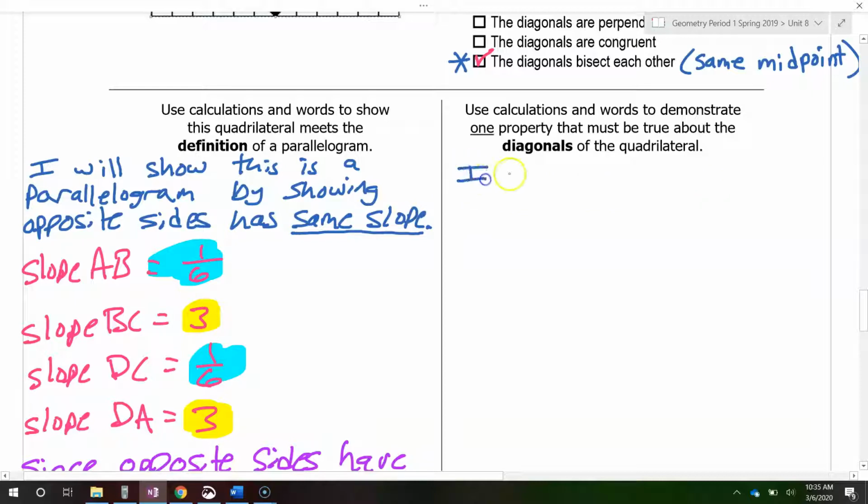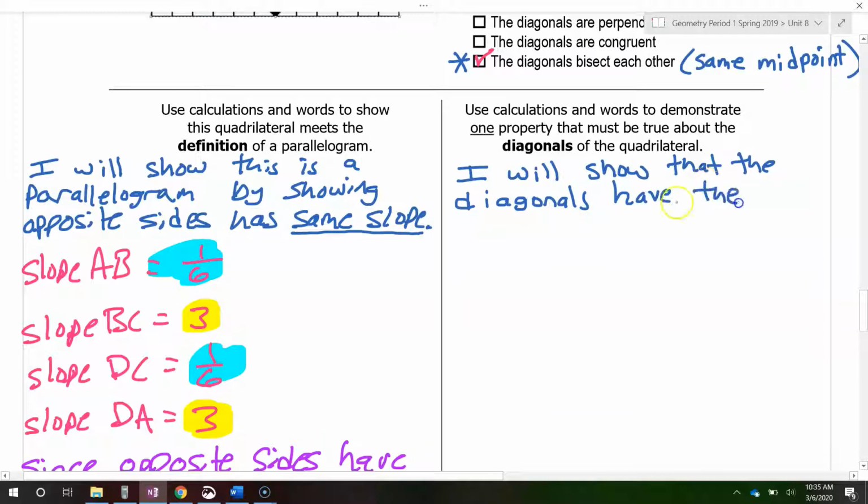I will show that the diagonals have the same midpoint.